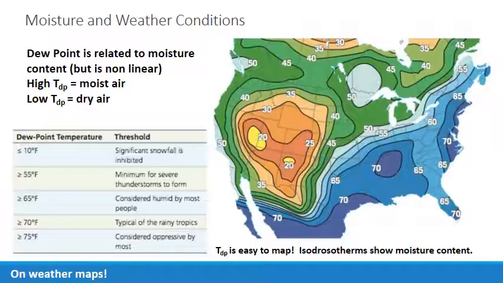Notice on the map here that much of the southeastern United States has dew point temperatures that exceed 65. Also notice that although the southeast is dominated by humid conditions, most of the remainder of the country is experiencing relatively dry air.